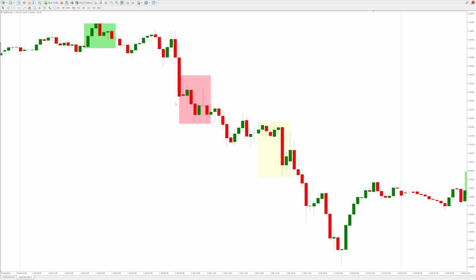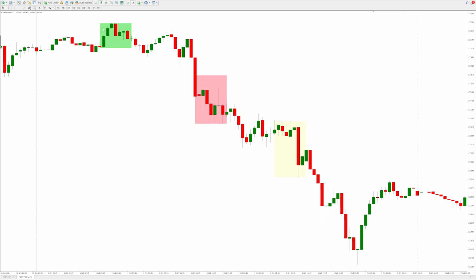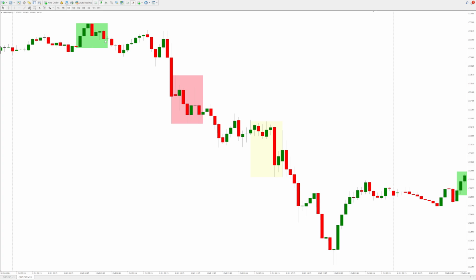Okay. So, for example, during the Asian session, if you were looking to scalp and trade reversals within a range, you might want to look at a pair that's not as affected by the Asian session. Perhaps the Euro pound, for example, would tend to have less volatility, which may be good for a ranging strategy during that time.